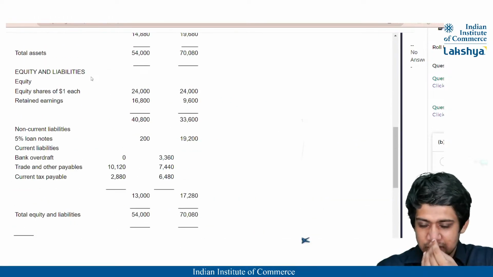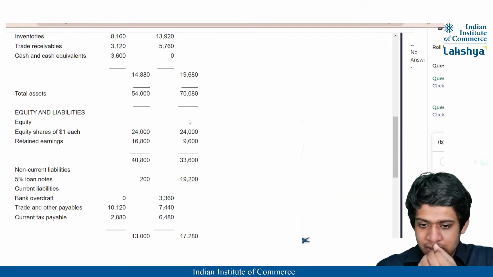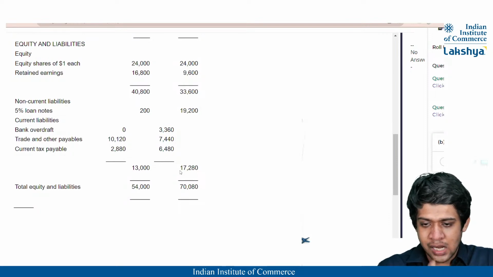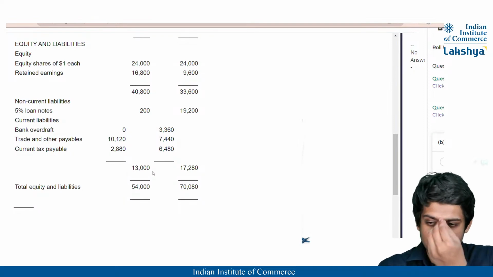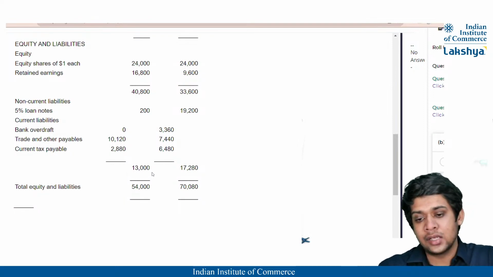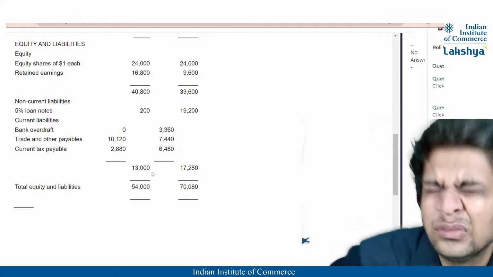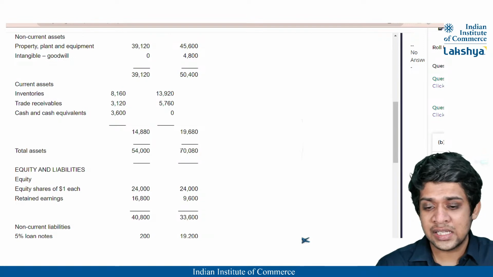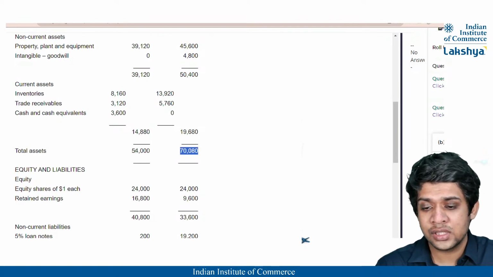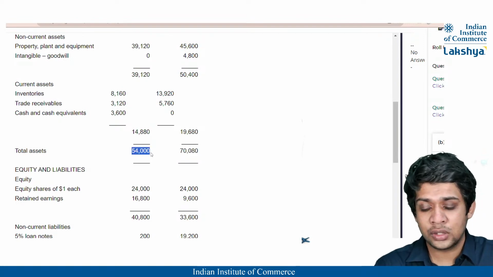Because firstly, guys, you can see here the current liabilities in 2007 were higher than in 2008, right? But you can see the assets have dropped down from 70,000 to 54,000, right?